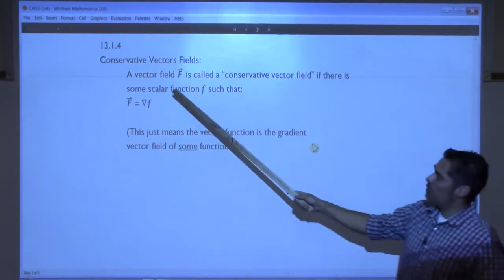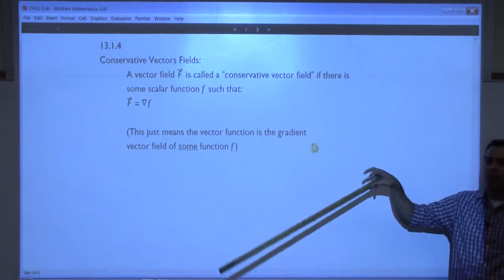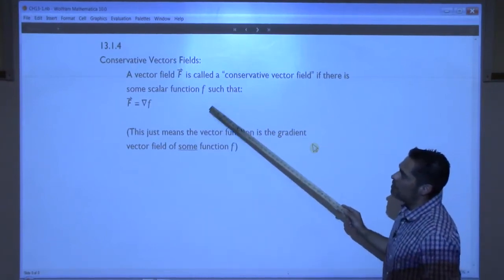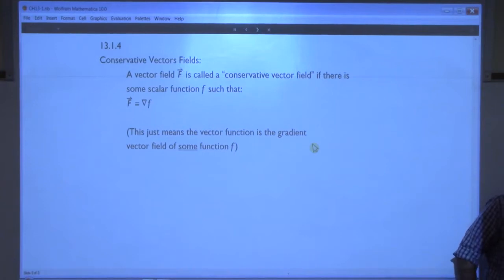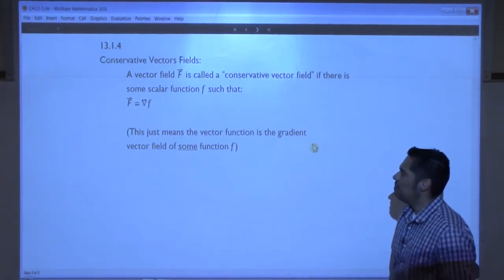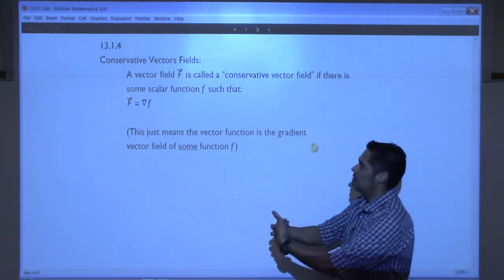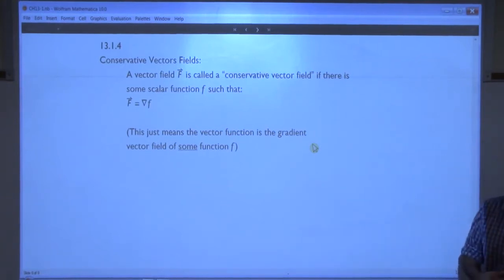A vector field, capital F, is called a conservative vector field if there exists some scalar function little f such that capital F is the gradient of little f. What? All this means is that the vector function we're looking at is the gradient of some scalar function.